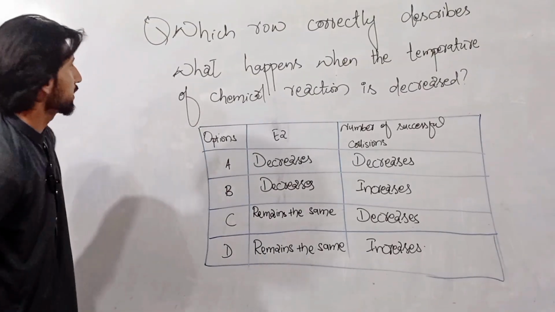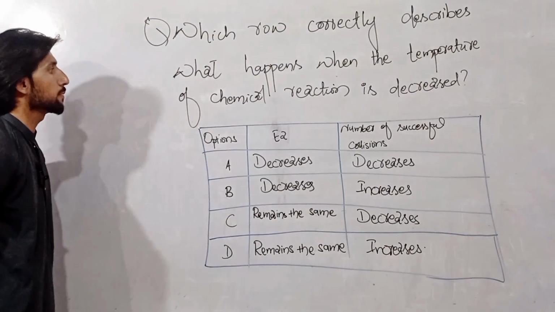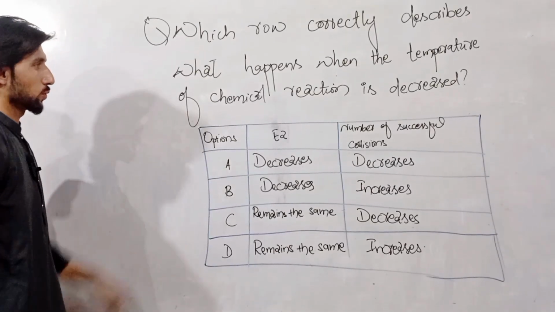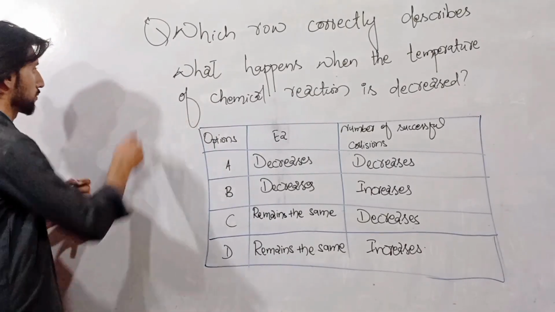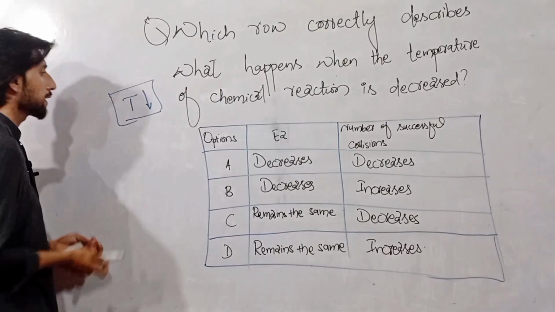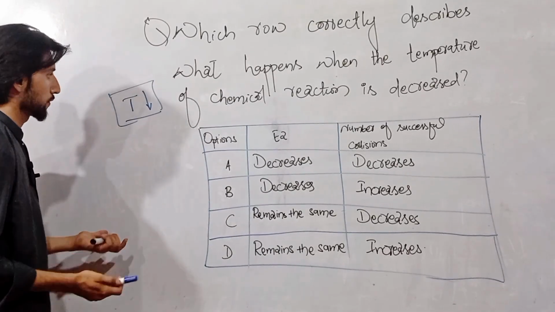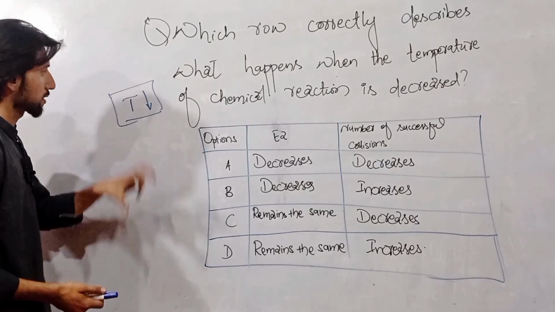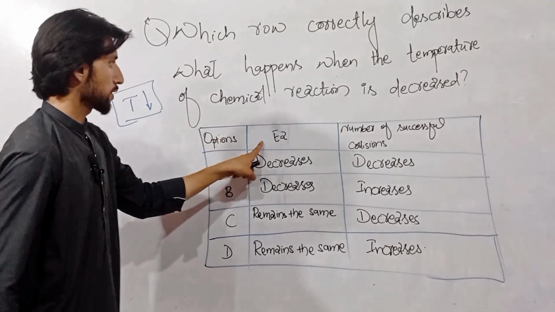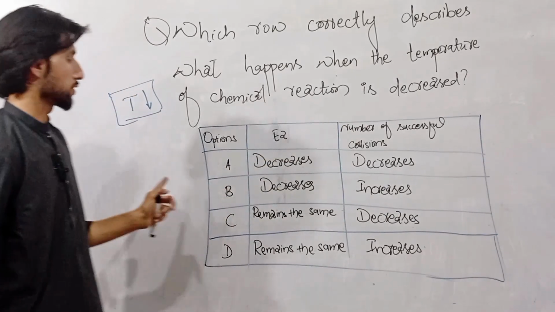Which row correctly describes what happens when the temperature of a chemical reaction is decreased? So the temperature is lowered. What will happen? The kinetic energy of the particles decreases. And we have discussed earlier, there are two things given: activation energy and successful collisions.